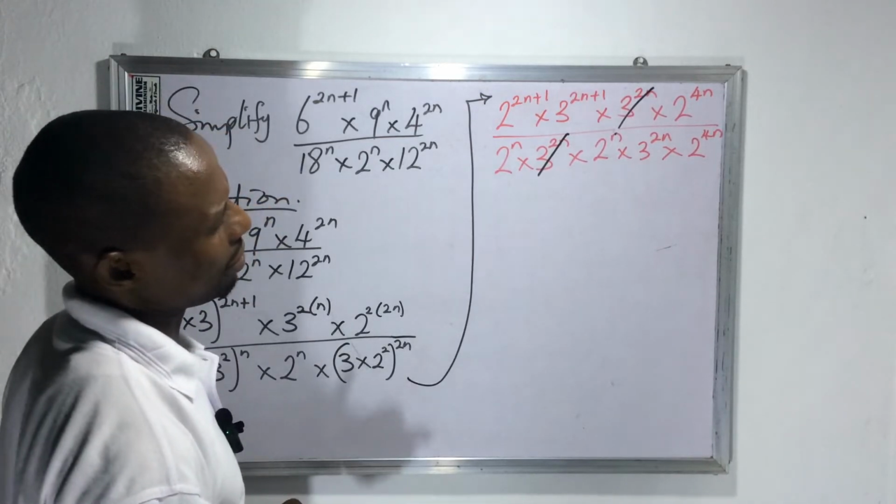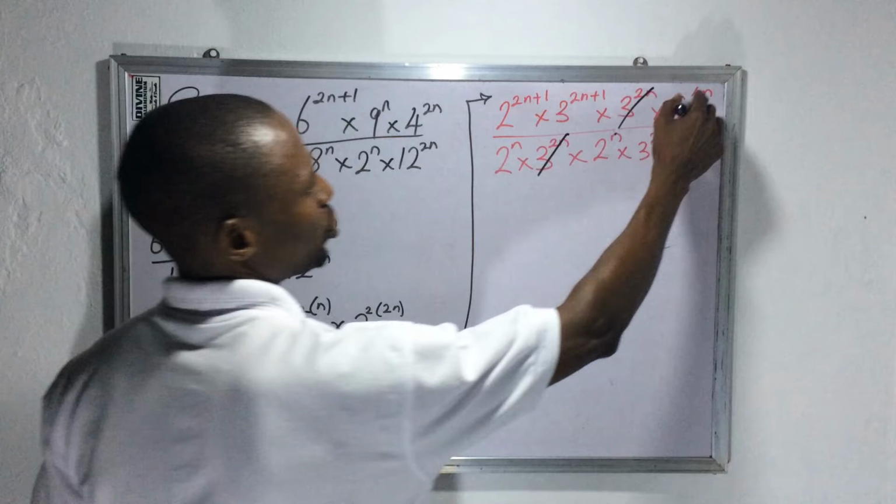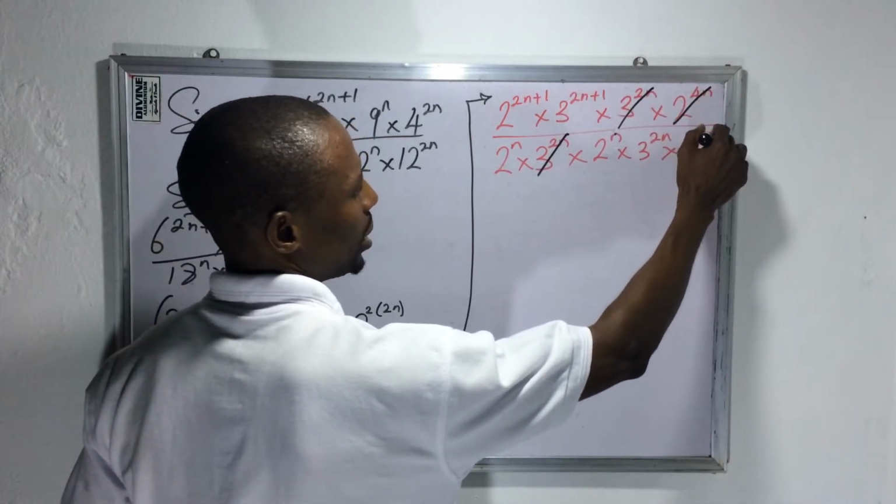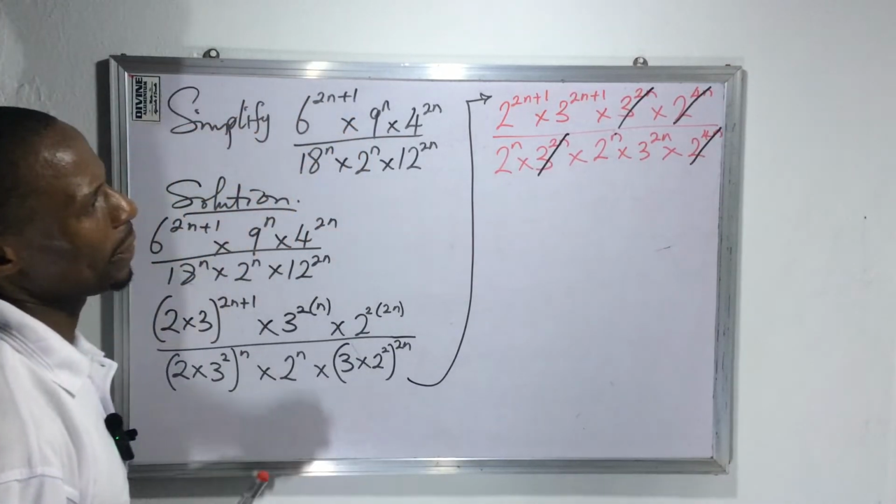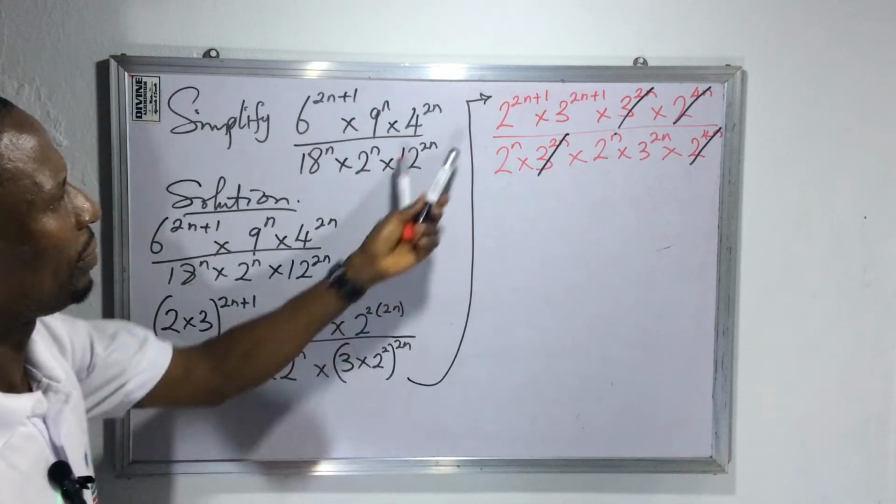Let's see if we have some other common terms. Here we have 2 to the power of 4n, and here we have 2 to the power of 4n. Now we are left with this.